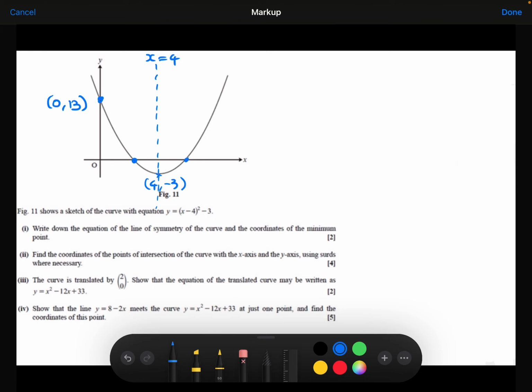Now, to work out the intersects on the x-axis, I need to make y equal to 0. So I need to solve the equation where (x minus 4) all squared minus 3 is equal to 0.